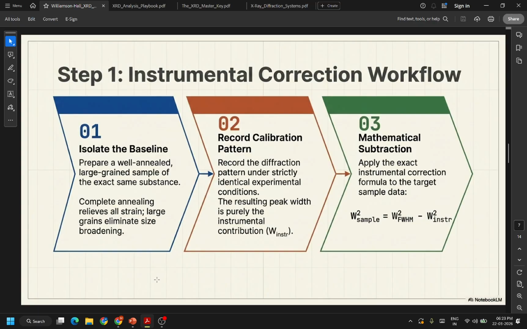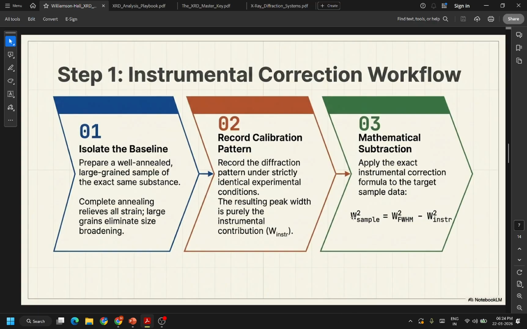Now you take the diffraction pattern, and the experimental conditions should be exactly the same as your main sample: the temperature, the angles, the step size, step time, everything. Whatever peak width you get from the calibration sample is only your instrumental contribution, because we have removed the size and strain broadening.